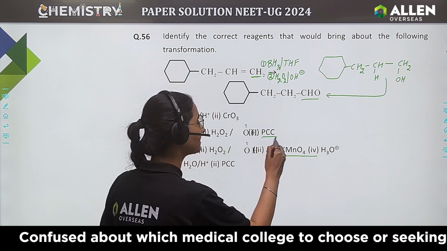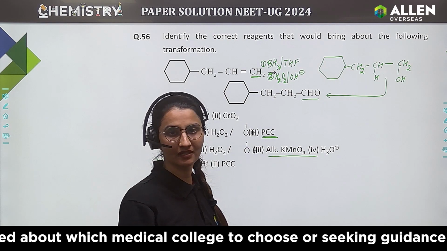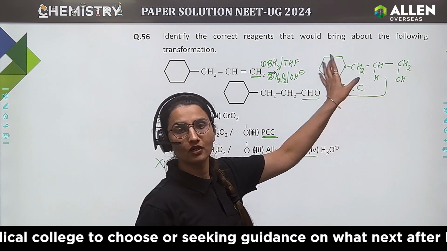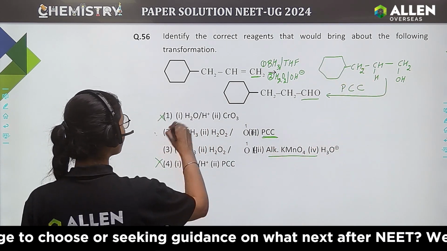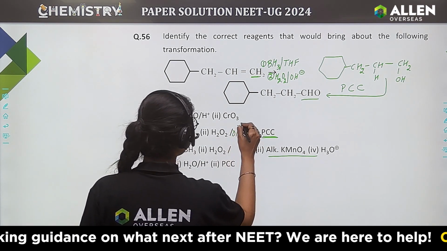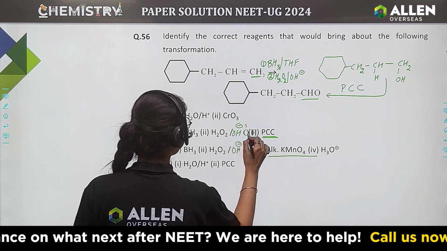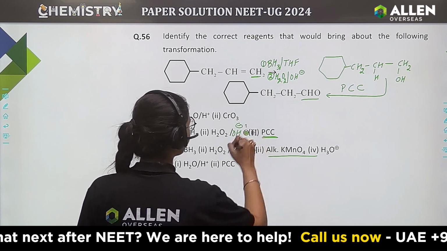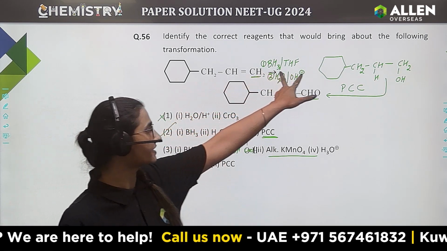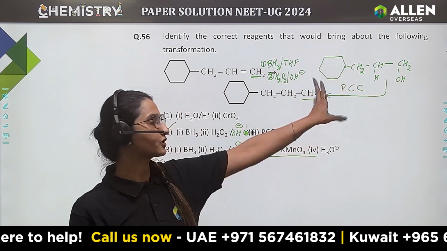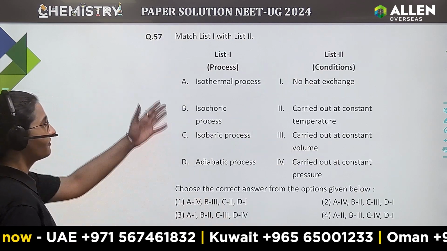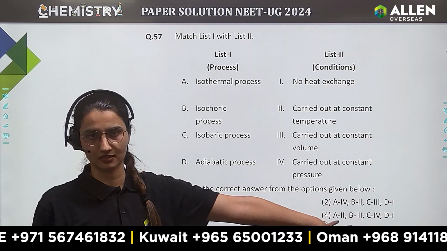I will use PCC or PDC. So if I put PCC in this, it will convert alcohol into aldehyde. So what is the correct option, students? Option 2, right? You can correct this if required, in presence of OH minus, and in the third step we are adding this, right? I'm sure it's clear. First we did anti-Markovnikov addition, then we oxidized using PCC, correct? Very simple, students. I'm sure you would have scored marks here.